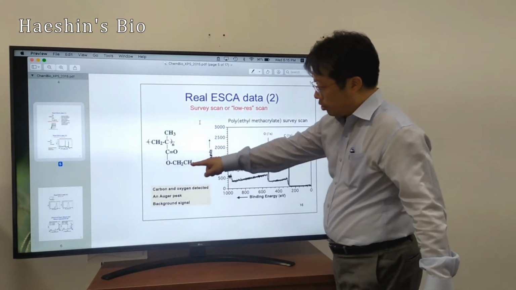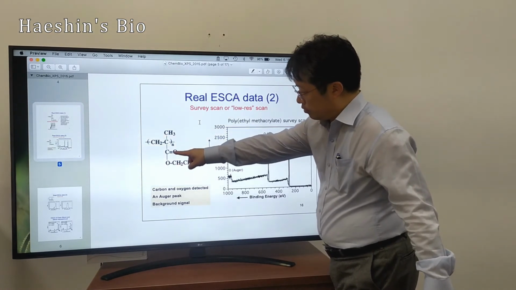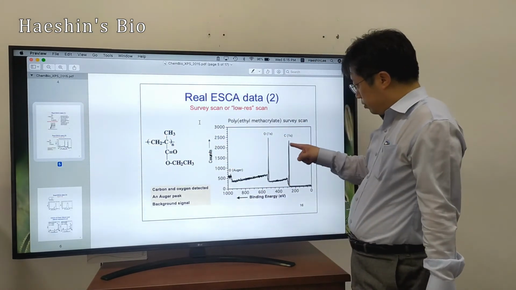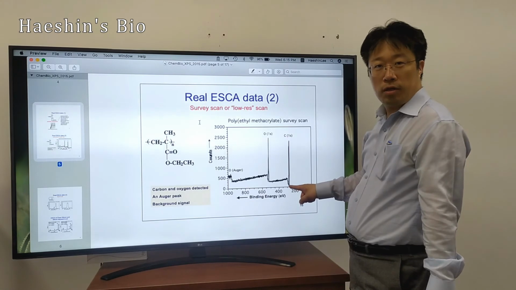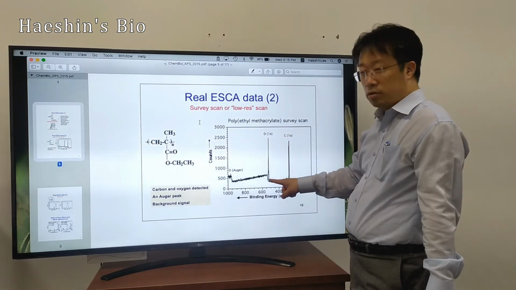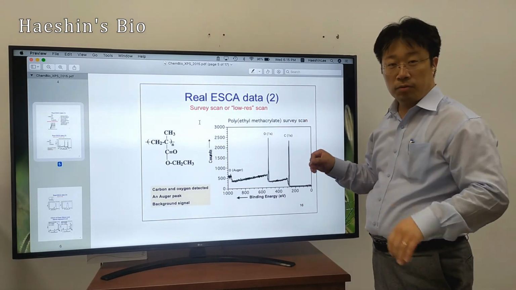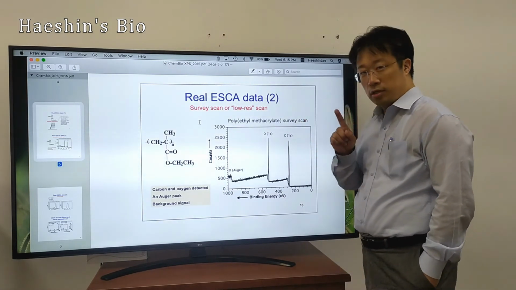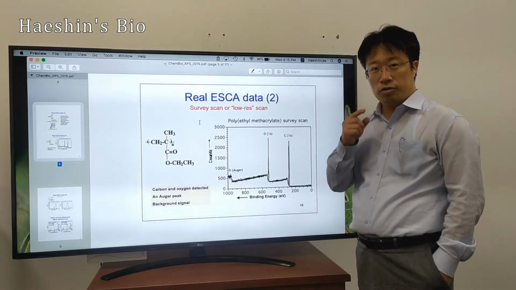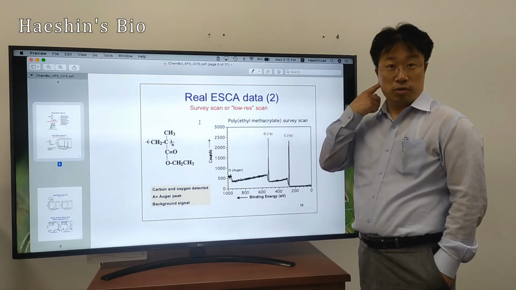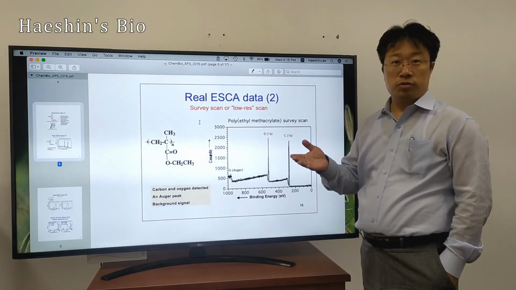Because you have carbon and oxygen, you have a carbon photoelectron peak here and an oxygen photoelectron peak here. So it's all two peaks. It's very simple, but the important thing is that they are all at fixed energies. This is what we know from the introduction of XPS.